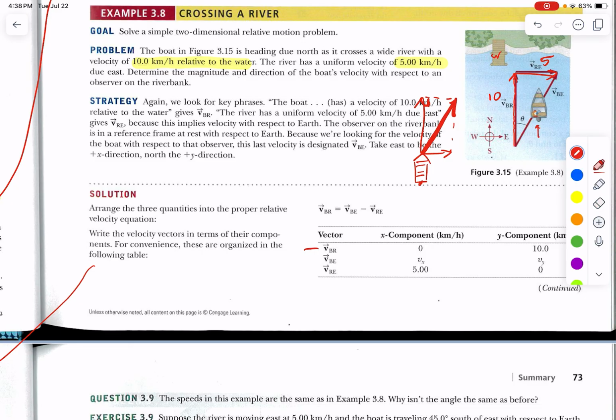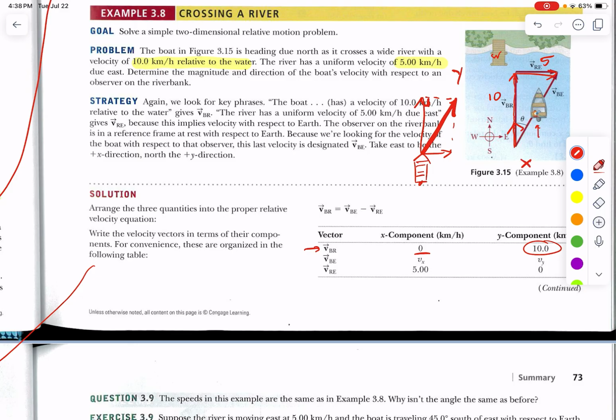The vector that represents the velocity of the boat with respect to the river as a result of the motor. Since the boat is heading in the direction directly across, its x component is 0, and all of its velocity is directed in the y direction if we're using y-axis and x-axis.